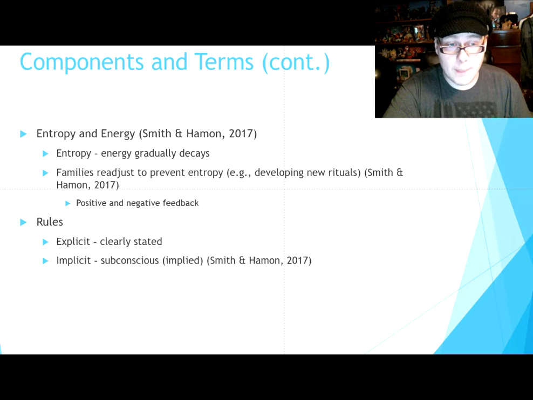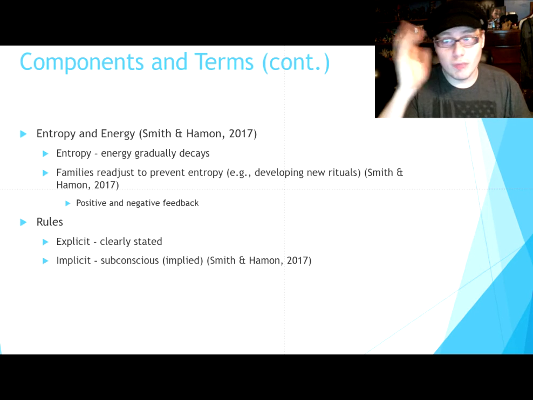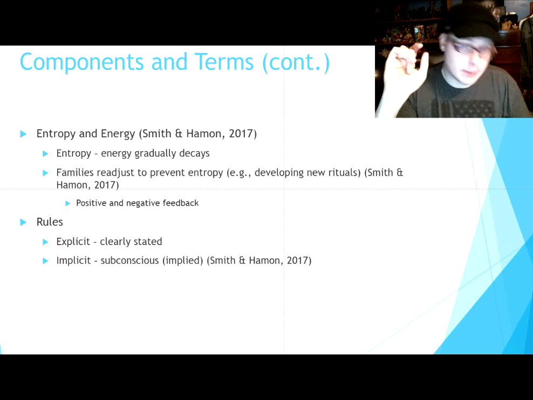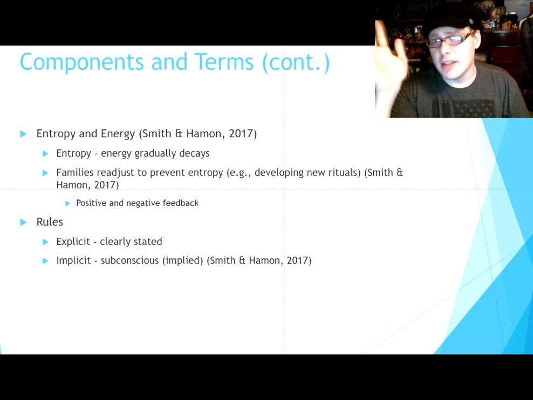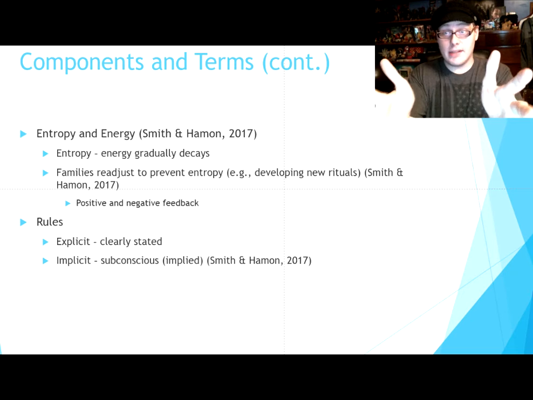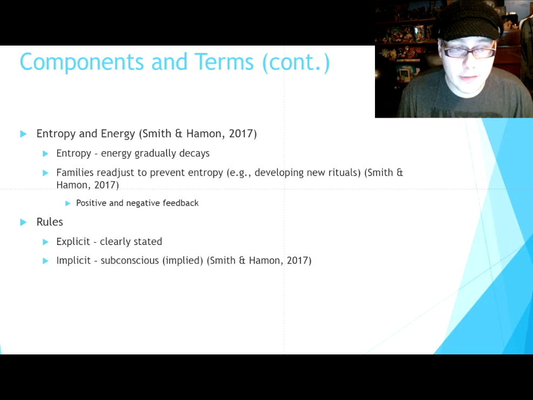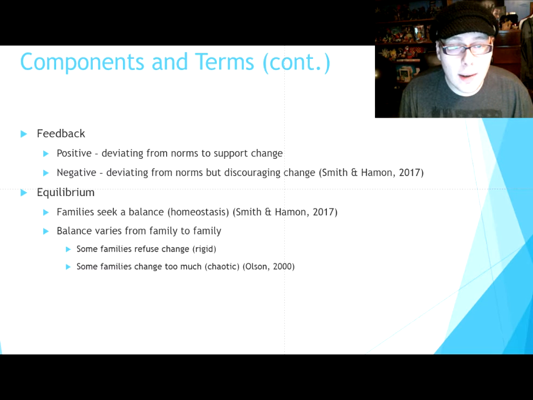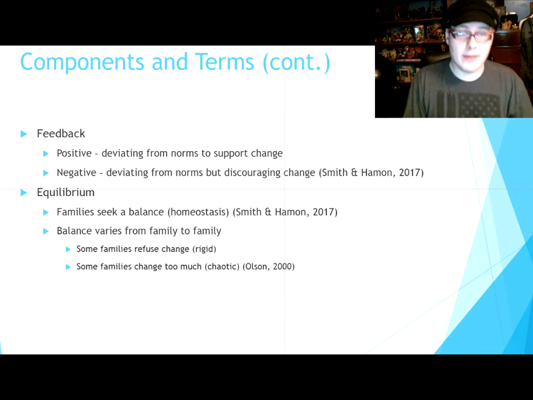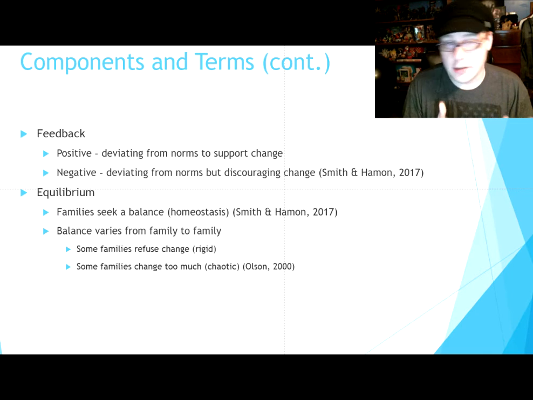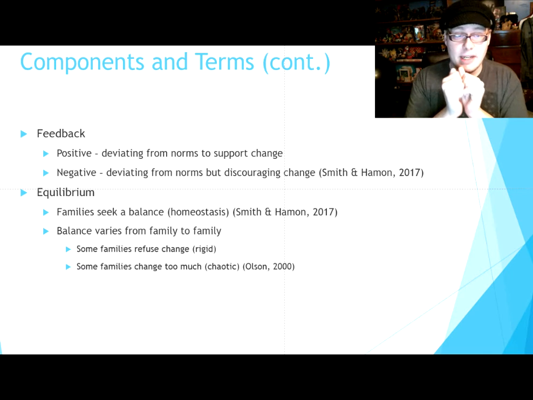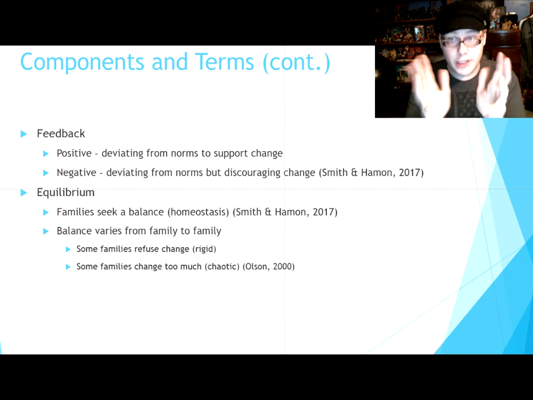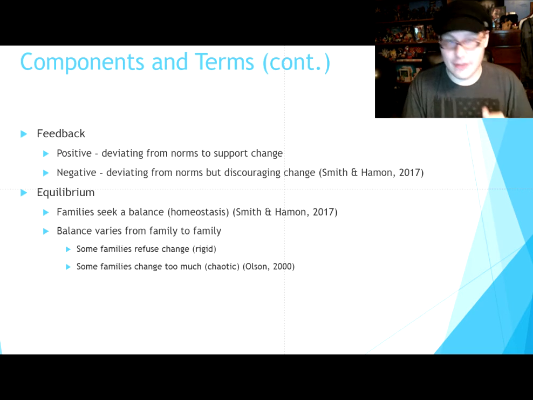And then you have rules, which, as previously stated, can be explicit or implicit. Explicit would be like, here are the 10 commandments, read them. And then you have implicit, implied. Feedback, positive and negative. Deviating from norms to support change would be positive. Deviating from norms but discouraging that change, negative.